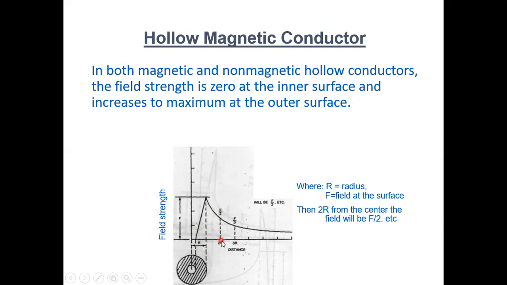At 2R, meaning 2 radius distance, we get a field of F/2. If the original field is 100, then at 2R distance we get 50. This is the calculation: as we go away from the conductor, the magnetic field is reduced in this way. So at 2R it is F/2, and at 3R it is F/3. Here R means the radius of the conductor.